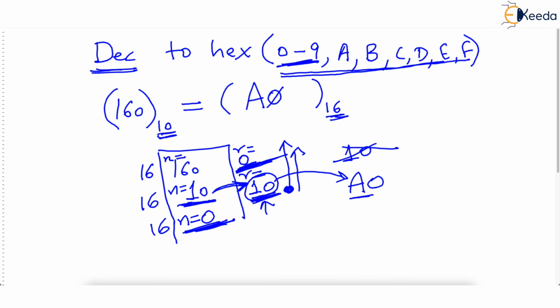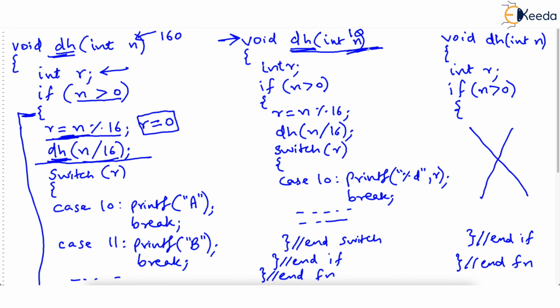Look how important our explanation of converting dec to hex on paper can be, now understood. We had the parameter n as 160, but now we have parameter n as 10. That's the point where we are exactly placed, n is 10. Again, local variable r comes into the picture.